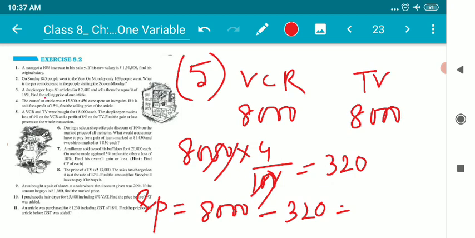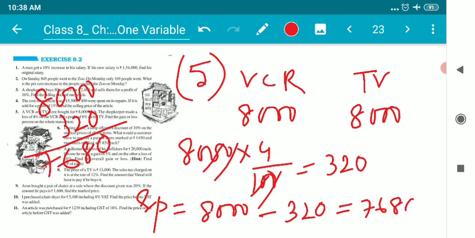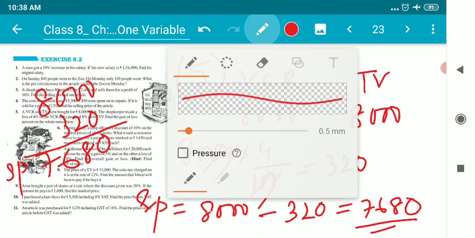We'll simply subtract 8,000 minus 320. It is 7680. This is the selling price of the VCR. So selling price is 7,680 rupees for the VCR.